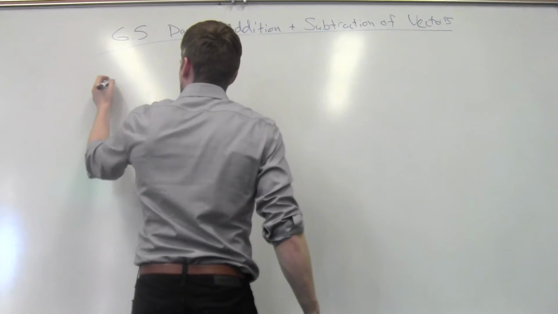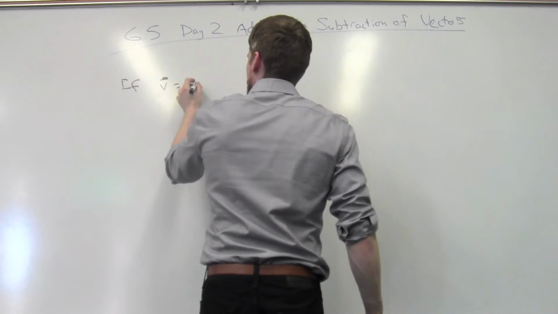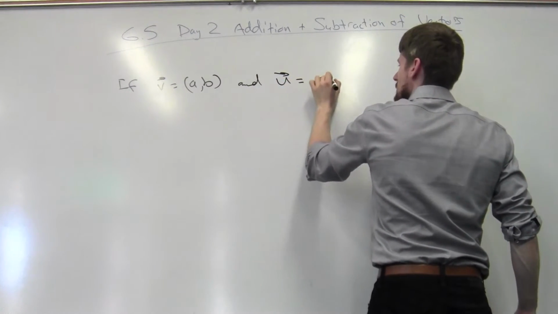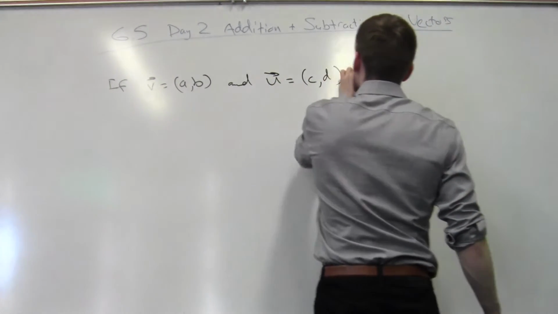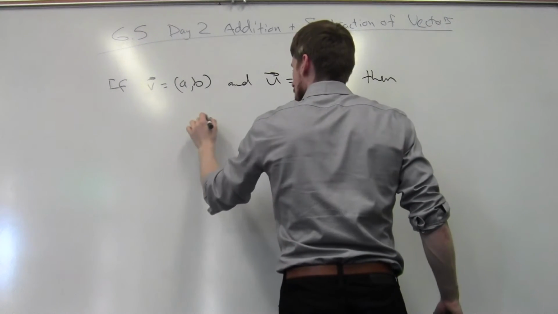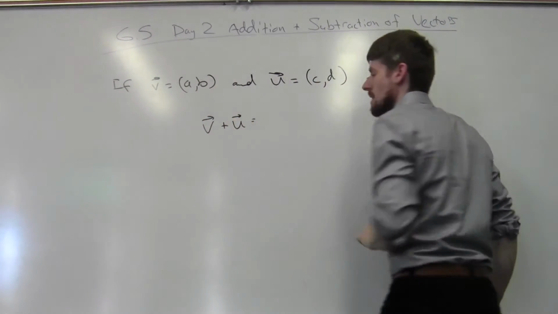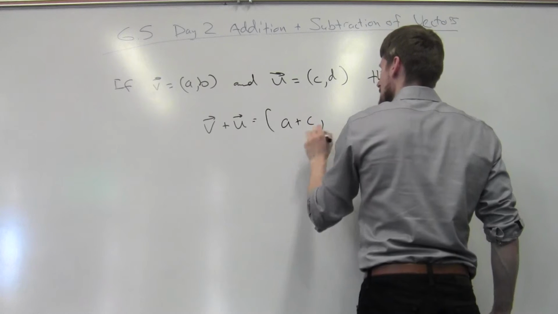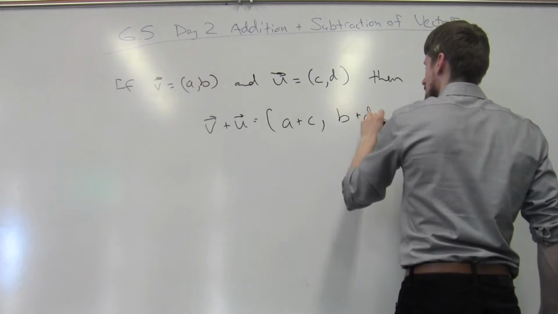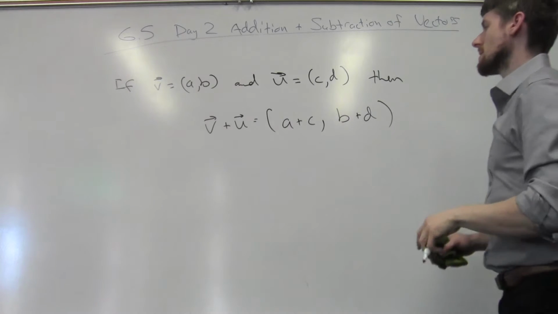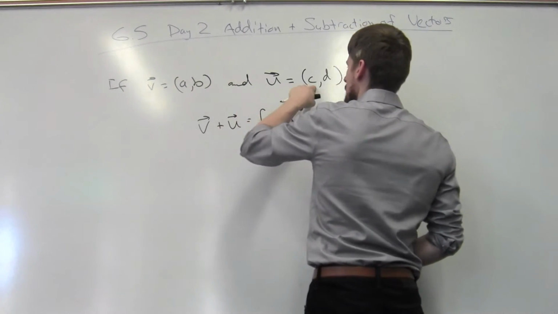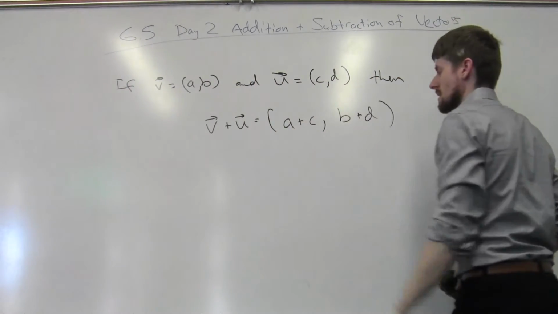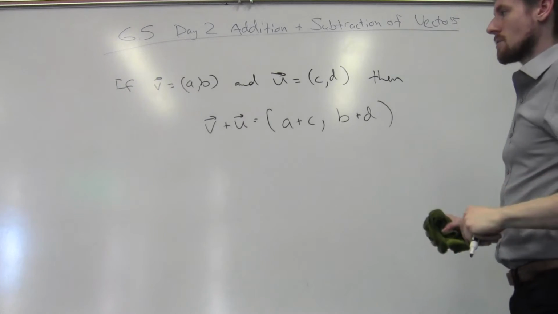That is, if v is a vector AB and u is a vector CD, then v plus u, we add these vectors together, results in another vector that is equal to a plus c and b plus d. So basically what you add is the first coordinates a and c, and you add the second coordinates b and d together. So what does this look like graphically?